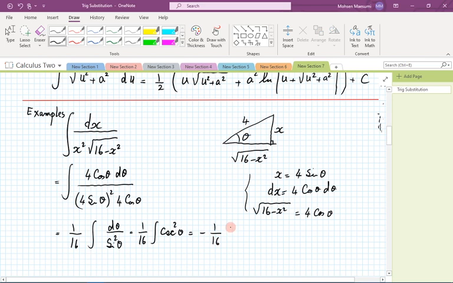So this is cotangent of theta plus a constant. Back substitution is quite easy. Cotangent, what is the meaning of cotangent? Ratio of adjacent to the opposite. So we are going to be using all these. So we have minus 1/16 of the ratio of the adjacent, that is the radical of 16 minus x squared, to the opposite, x, plus a constant.